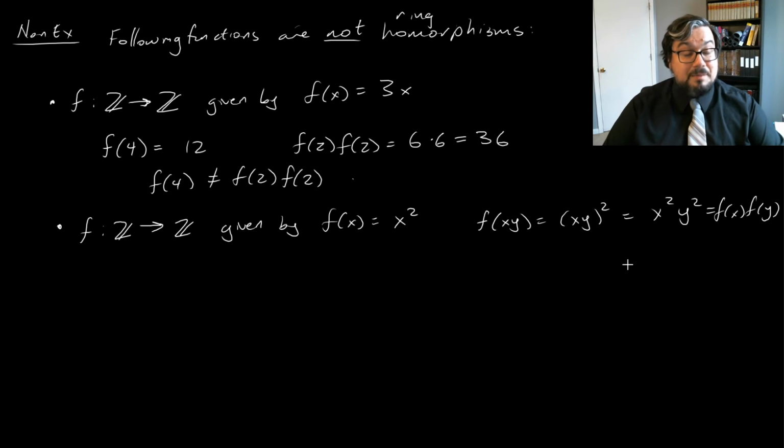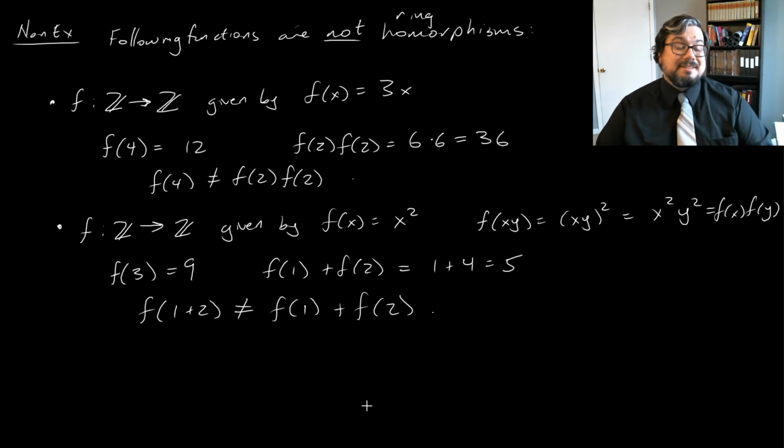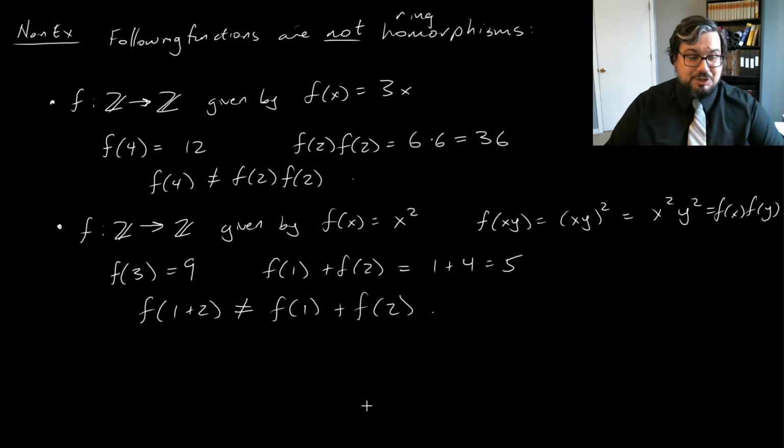So this function respects multiplication, but it doesn't respect addition. f(3), for instance, is equal to 9, but f(1) plus f(2) is equal to 1 plus 4, which is 5. So we have that f(1+2) does not equal f(1) plus f(2), which means that f is not a ring homomorphism. It does not respect addition.